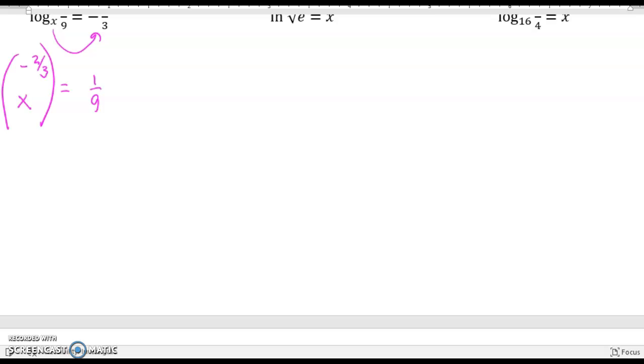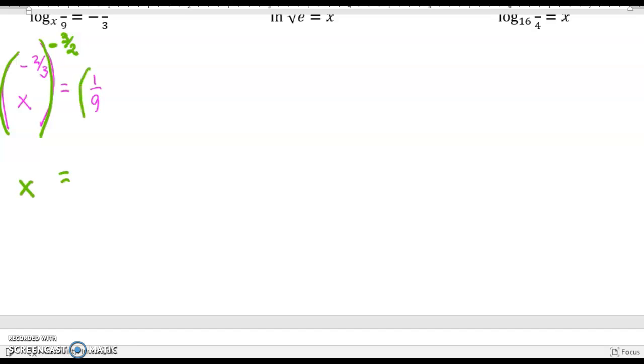Let me raise this to the -3/2 power, because raising a power to a power, we multiply the powers. If I multiply -2/3 times -3/2, I just get x to the 1st.